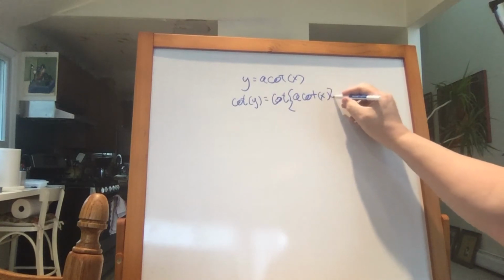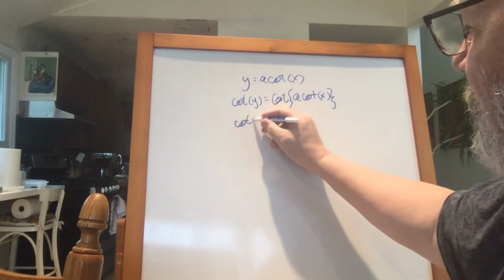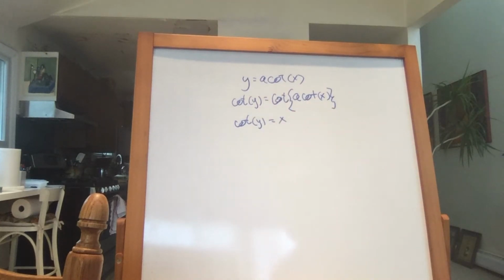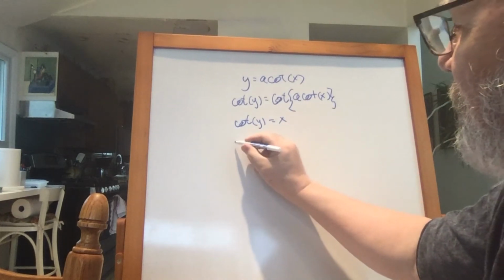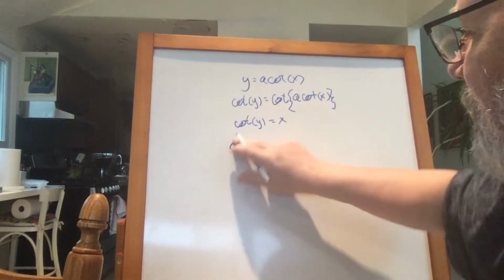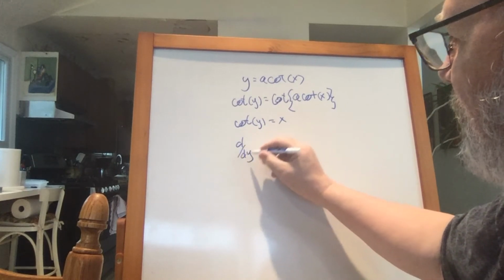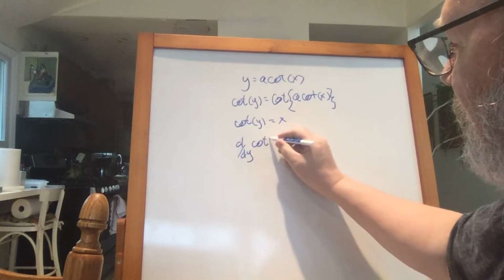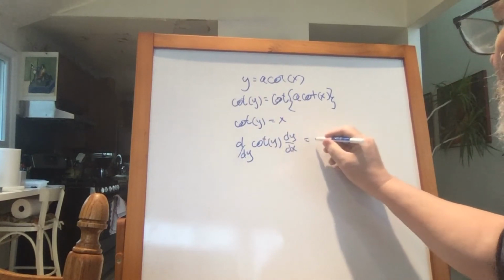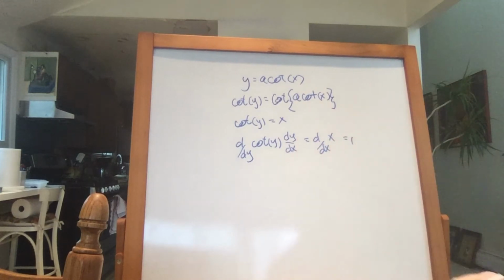x equals cotangent y equals x. And then we have d/dx of cotangent of y, dy/dx equals d/dx of x equals 1.